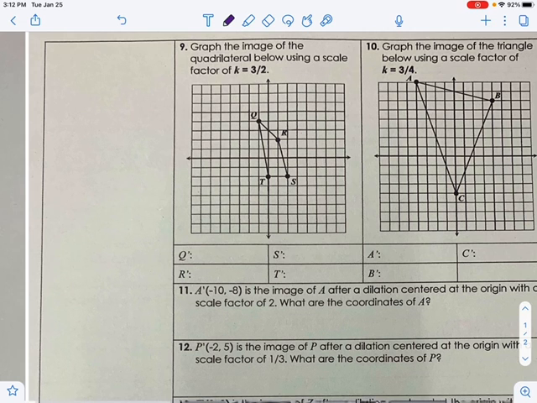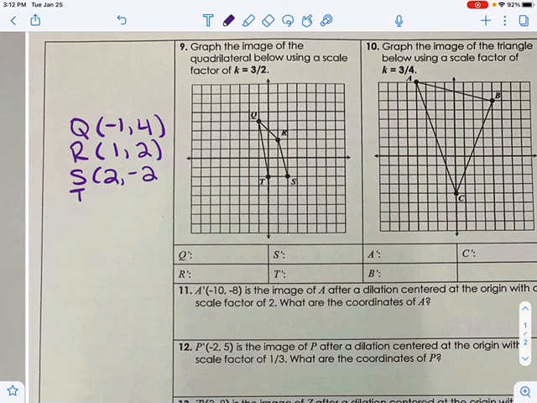So in 9 and 10, we are doing the same thing, but now we have fractions. And they didn't give us our original coordinates. So we're going to start by listing out in number 9, for example, the coordinates for Q, R, S, and T. Q is at (-1, 4). R is at (1, 2). S is at (2, -2).